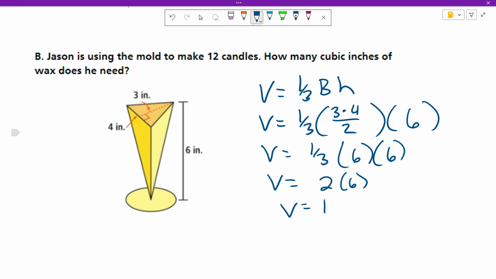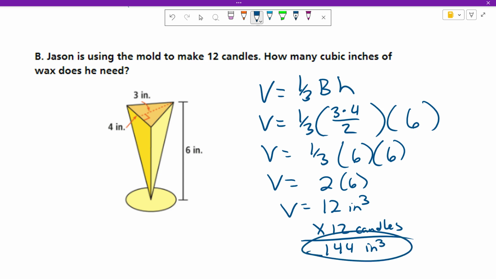So the volume is 12 inches cubed. Okay. Now, how many candles is he making? 12. So you multiply by 12 candles, and you get 144 cubic inches is how much wax he needs for his 12 candles.